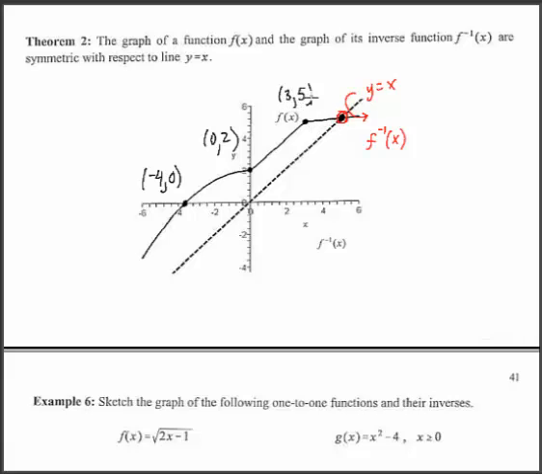Now, 3, 5 for f is going to become 5, 3 for f inverse. So I'll find 5 and I'll go up to 3 and plot a point.